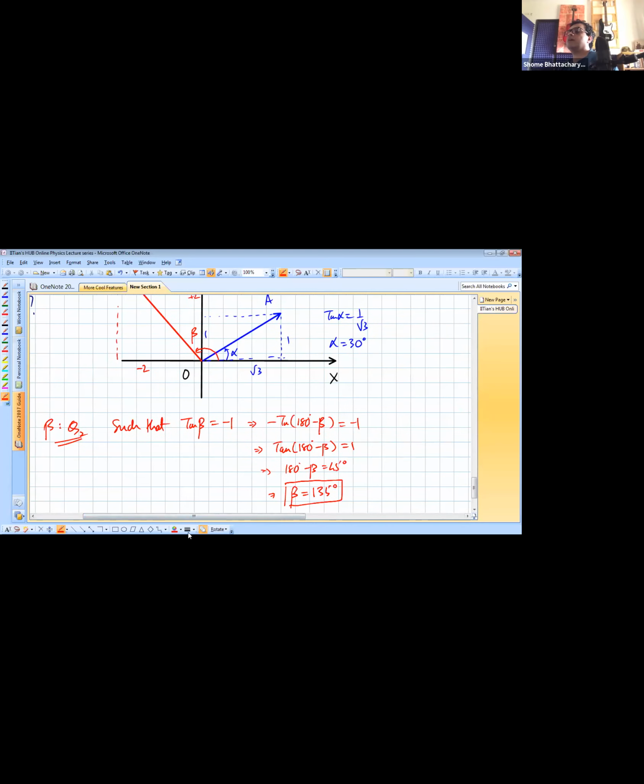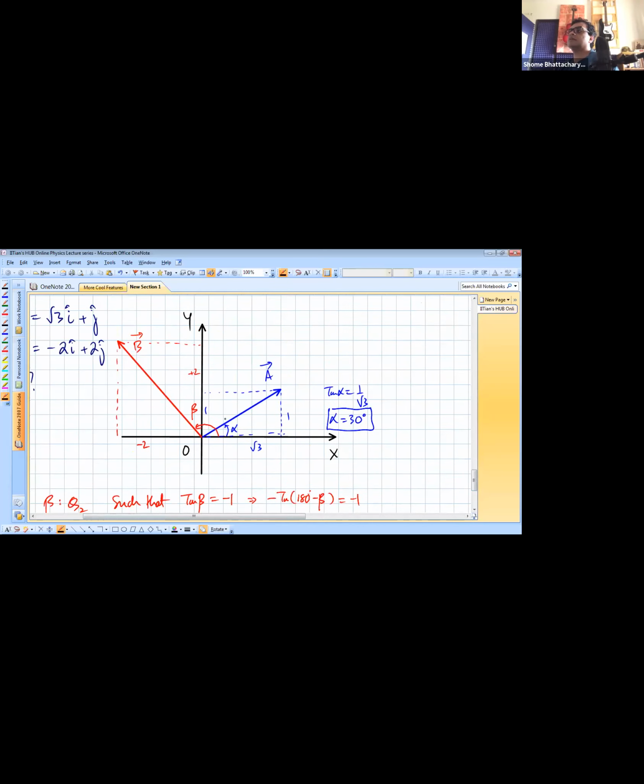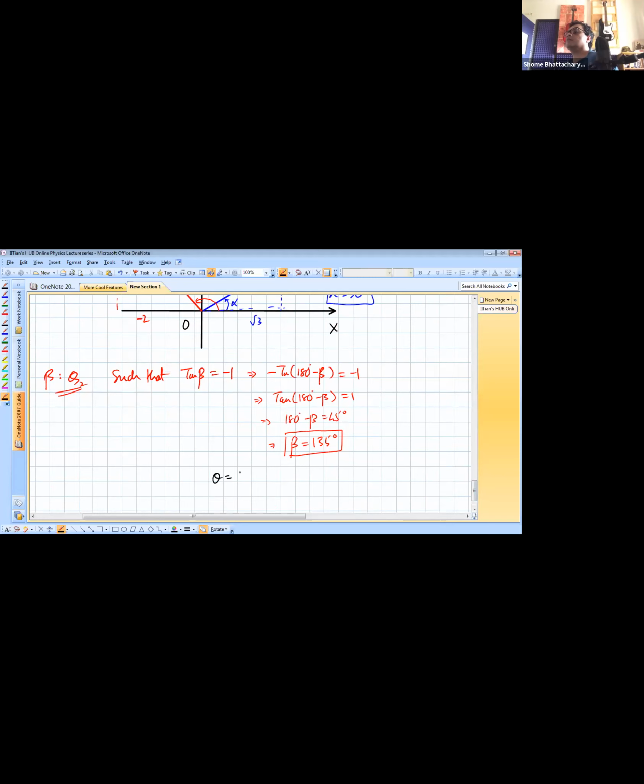Now we are looking for the angle between A and B. So that is this angle here. You can see that theta is nothing but beta minus alpha. So it becomes 135 degrees minus 30 degrees. So in this particular case, the angle between the two vectors is 105 degrees.